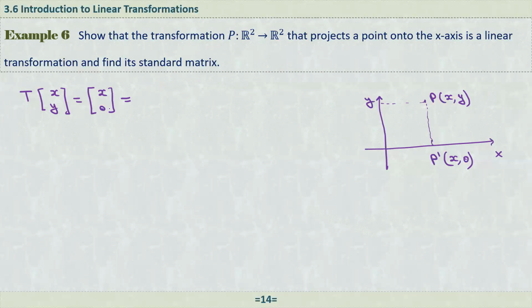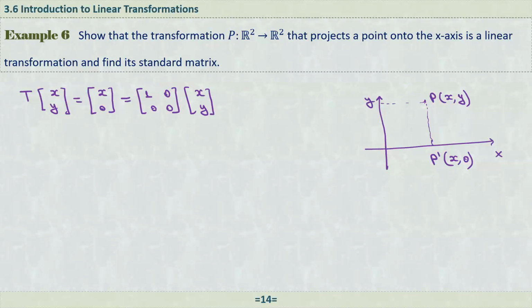So you see here we have (x, 0). Since it's from R2 to R2, here we will have a 2 by 2 matrix, and here is our point, x and y. So to get x here, this should be 1 and this should be 0. And to get 0 here, this should be 0, this should be 0.